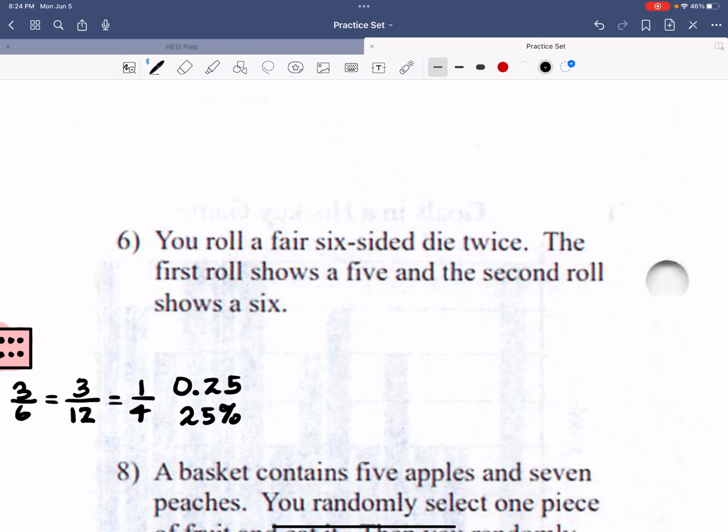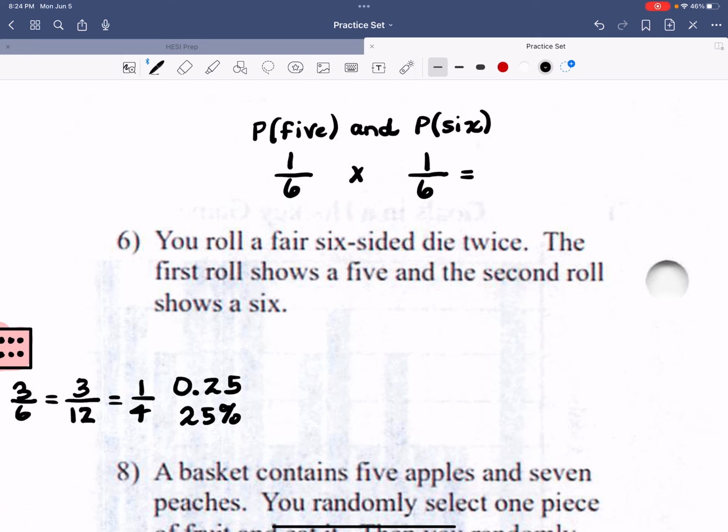The first roll shows a 5. And the second roll shows a 6. So I roll that fair die. There are 6 sides and only one of them is a 5. I roll it again. There are 6 sides and only one of them is a 6.